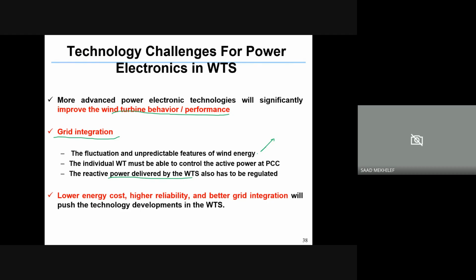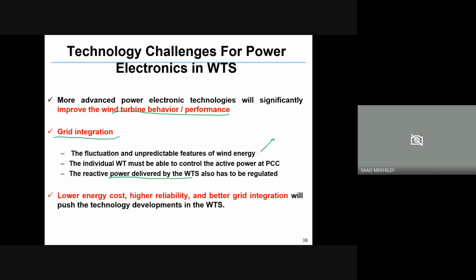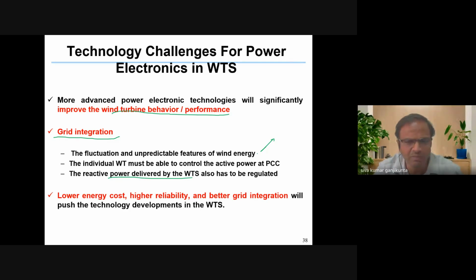But in the case of the doubly-fed induction generator, the grid side converter generates the reactive power required for the generator. In that case, the induction generator is not going to generate reactive power to the grid.